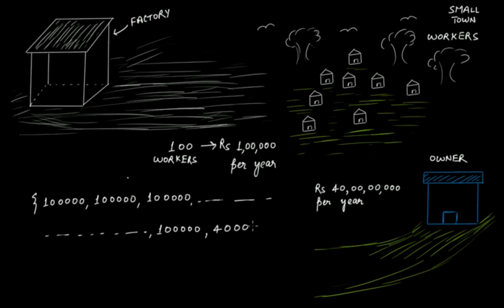So 1 lakh 100 times and just one 40 crore. Now if you calculate mode in order to tell the average salary per year for this small town, mode will exactly tell you that 1 lakh is occurring 100 times for this given data set.